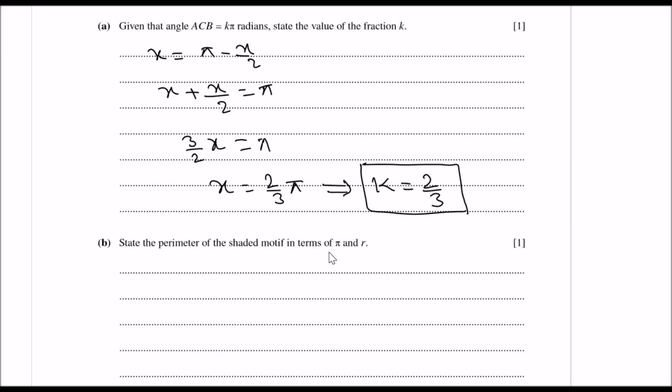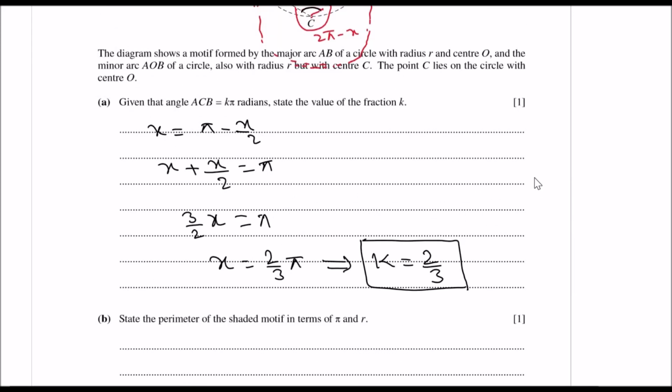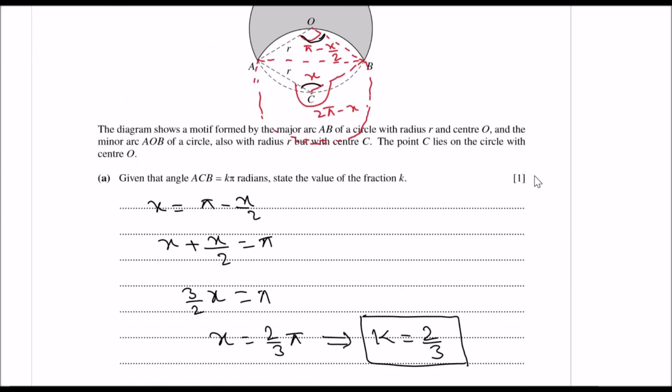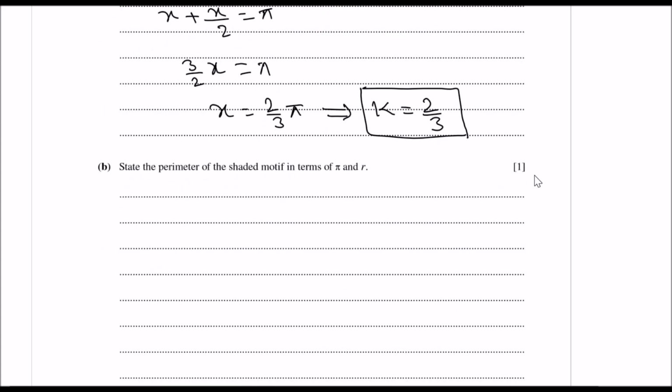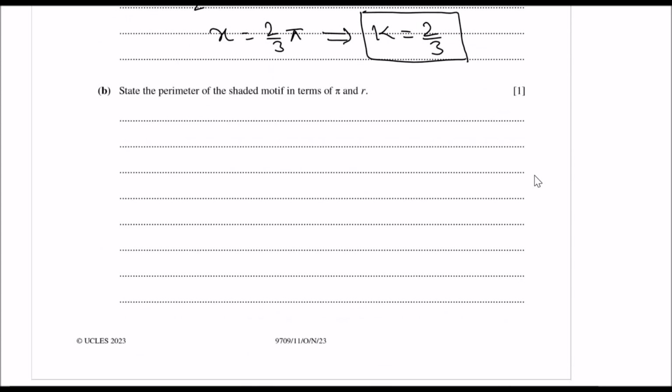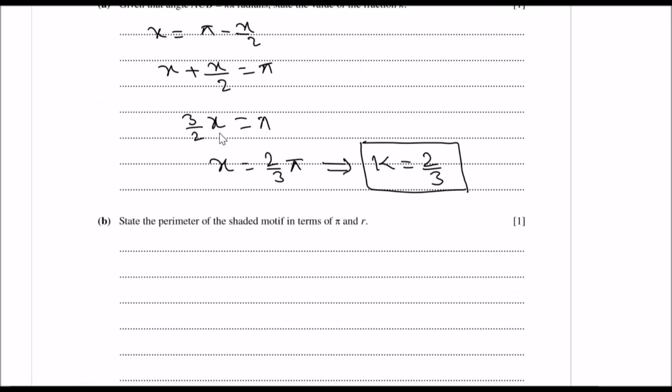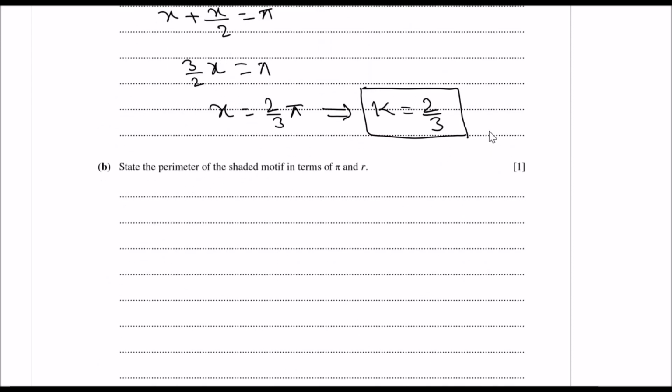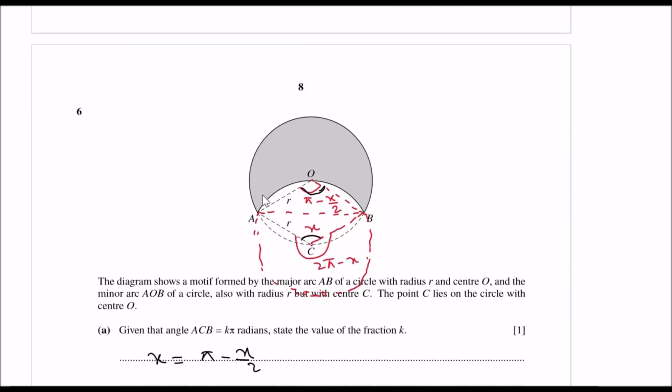Now state the perimeter of the shaded motif in terms of pi and r. So if you see the diagram, we have to find the perimeter. So perimeter of the shaded motif means this arc, the major arc AB, plus the minor arc of the circle with the center C, that means arc AOB.